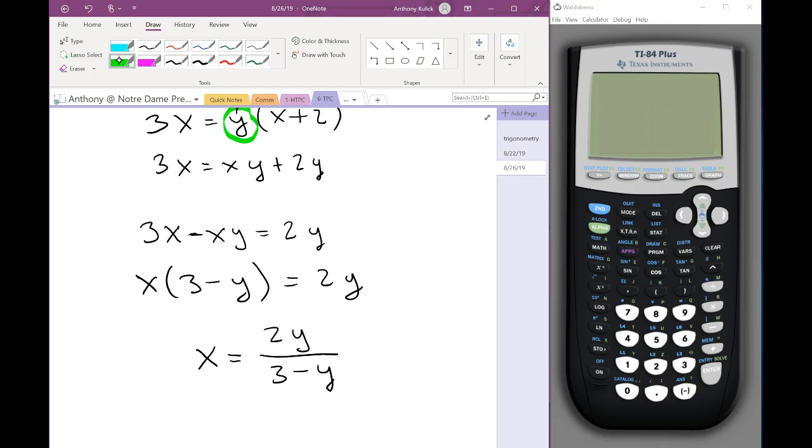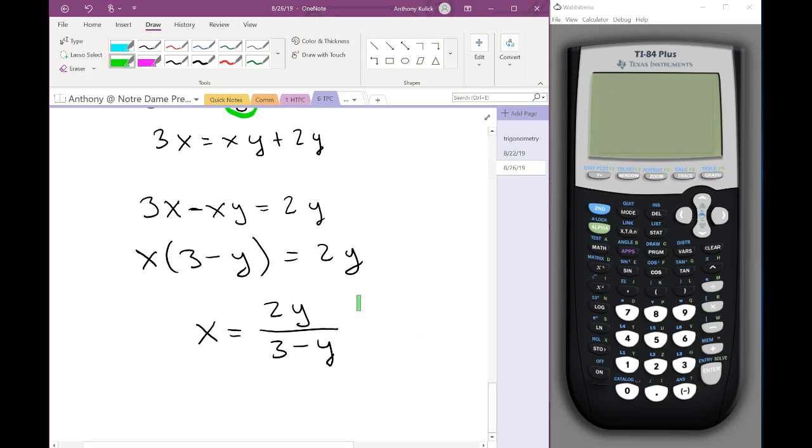So if I look at this now, are there any values of y that I can't have? Notice that I have y in the denominator of a fraction, right? So I know that 3 minus y cannot equal 0.